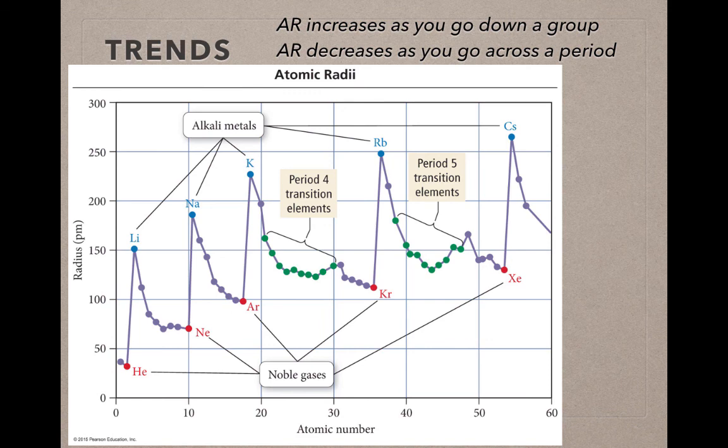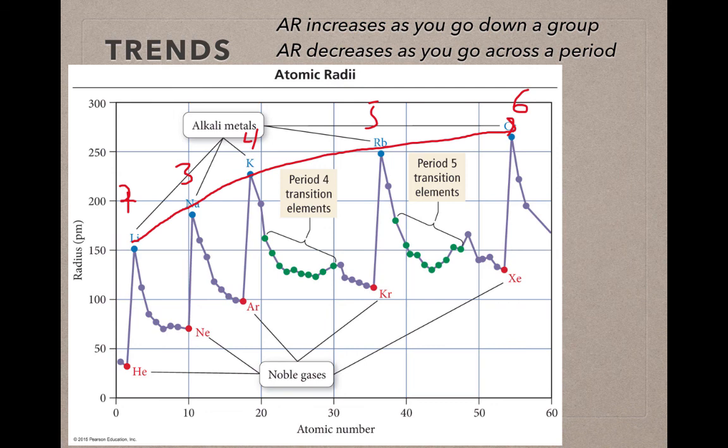If we take a look at going from lithium to sodium to potassium to rubidium to cesium, we have a general increase as we go down a group of the periodic table. Lithium is period 2, sodium is period 3, potassium is period 4, rubidium is period 5, cesium is period 6.